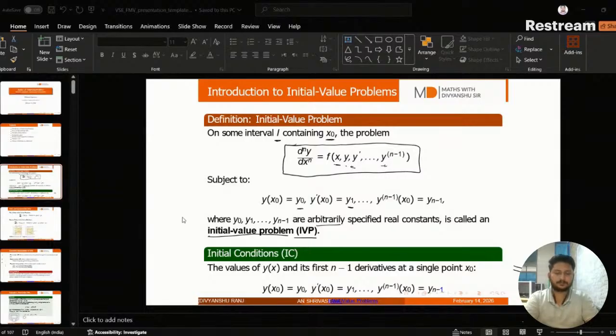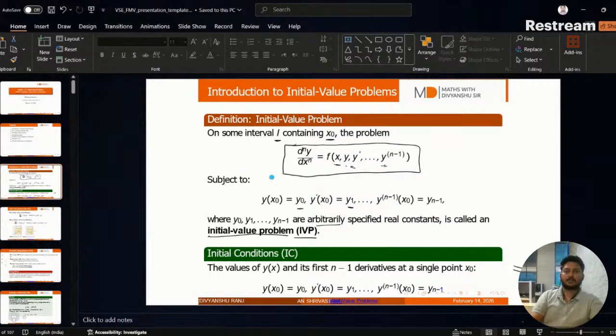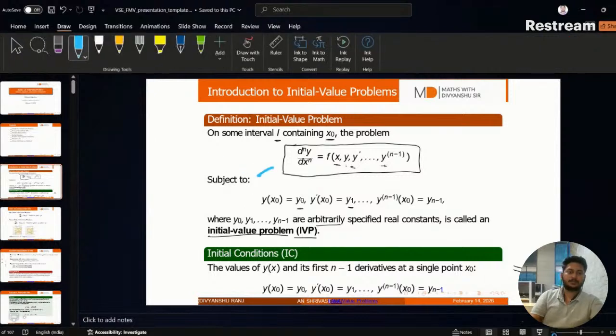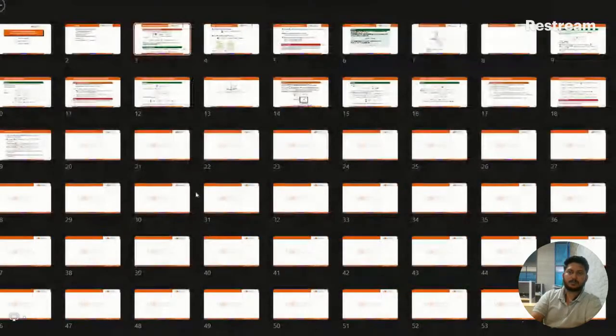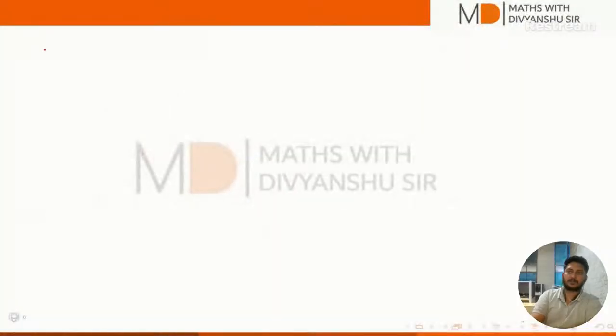Initial value problem is something like this, subject to the notation, for some interval I and x0. Now it's better to write here.